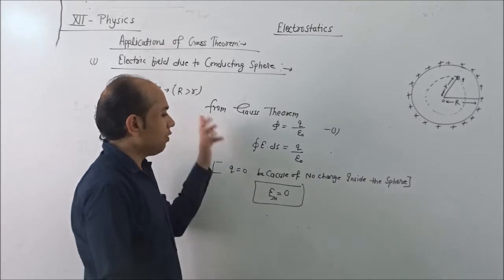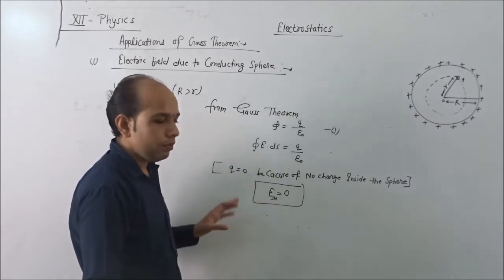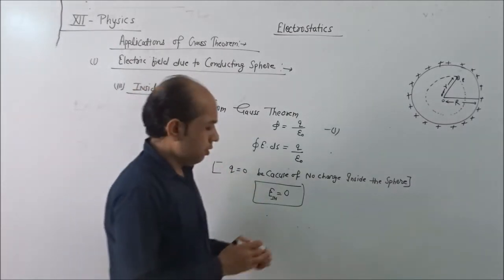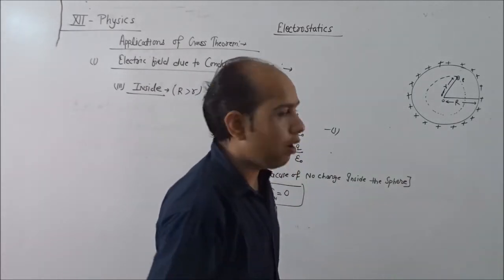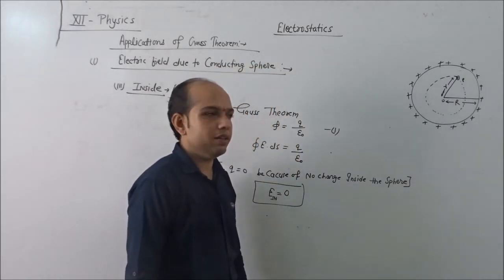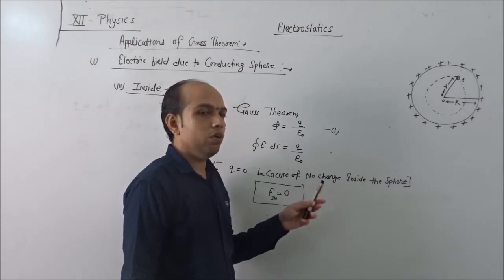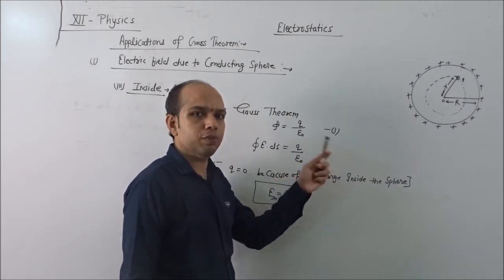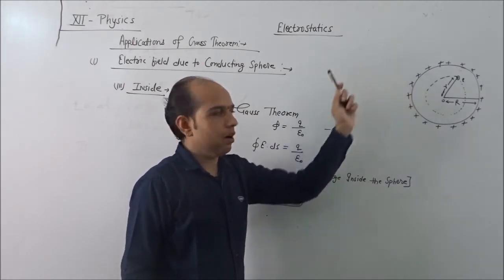So inside, the electric field is 0. Now we summarize the electric field outside, inside and on the surface, and how the electric field varies with respect to distance r.